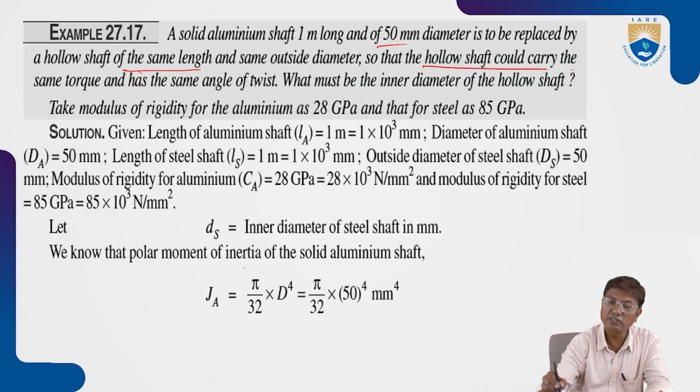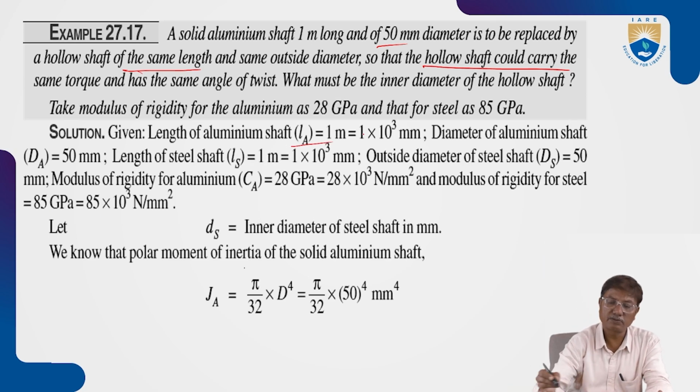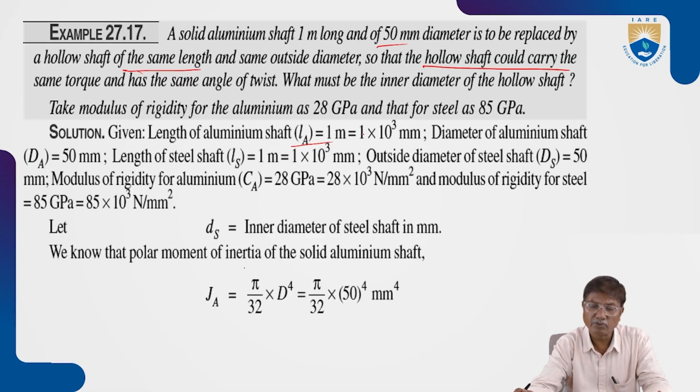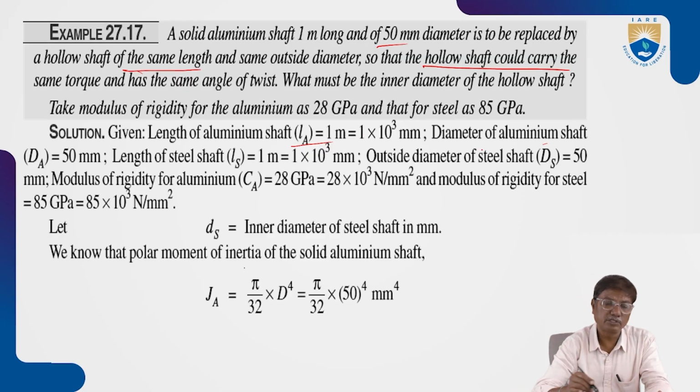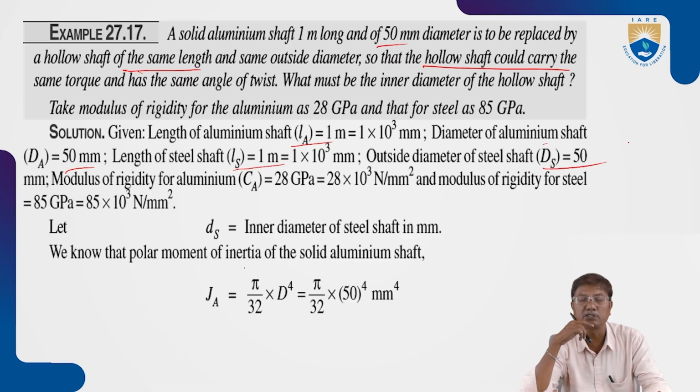So the condition given is it has to carry the same torque and the angle of twist is also same. Length of aluminum shaft is 1 meter and diameter of aluminum shaft is 50 mm. Length of steel shaft is also same. Outside diameter of steel shaft is also same as the solid aluminum shaft.